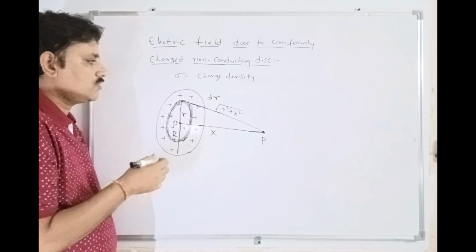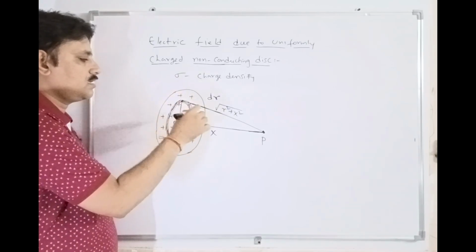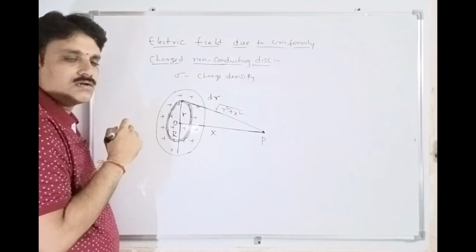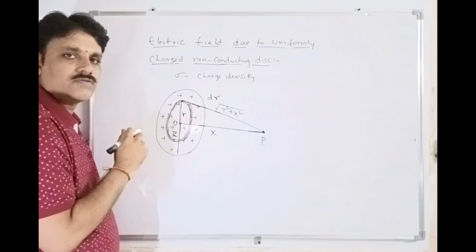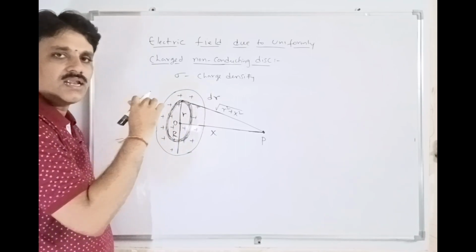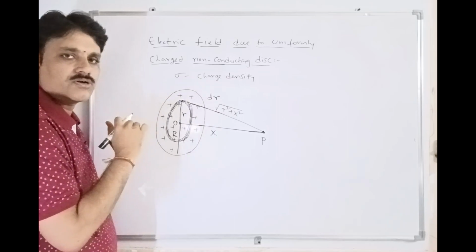Our aim is to calculate the electric field at point P due to the entire disk, but instead we choose a small portion of the disk initially, and later we will integrate over the total portion.